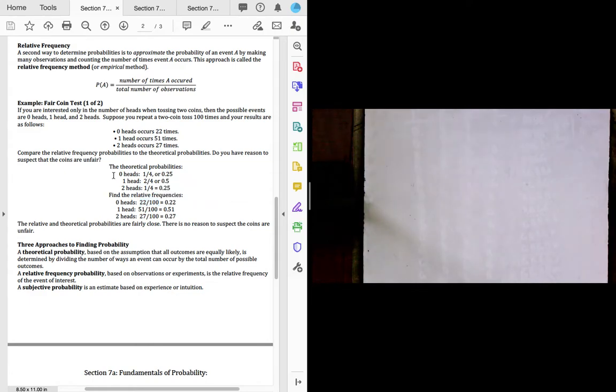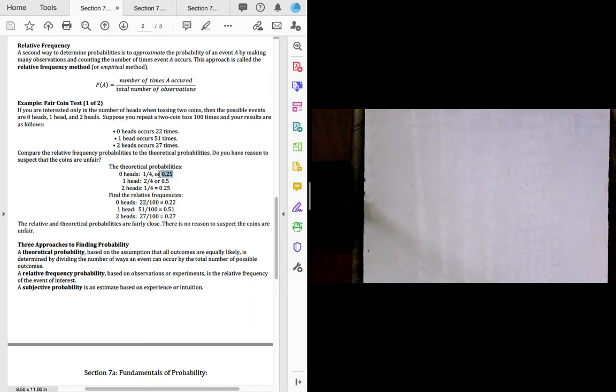The theoretical probability we could generate just like we did in the last case, where we make a probability distribution. We would see that no heads has a 25% chance, both of them being heads has a 25% chance, and some combination of heads and tails has a 50% chance. And it's really interesting when we look at the relative frequencies and the theoretical probabilities, because we can see that these numbers are not the same, right?